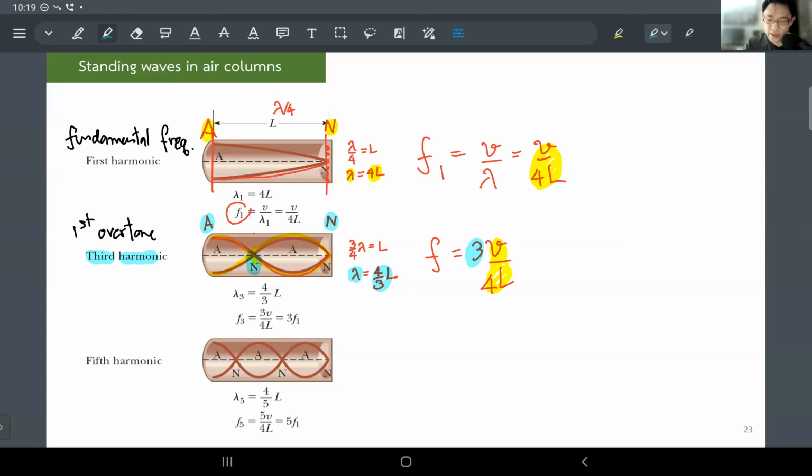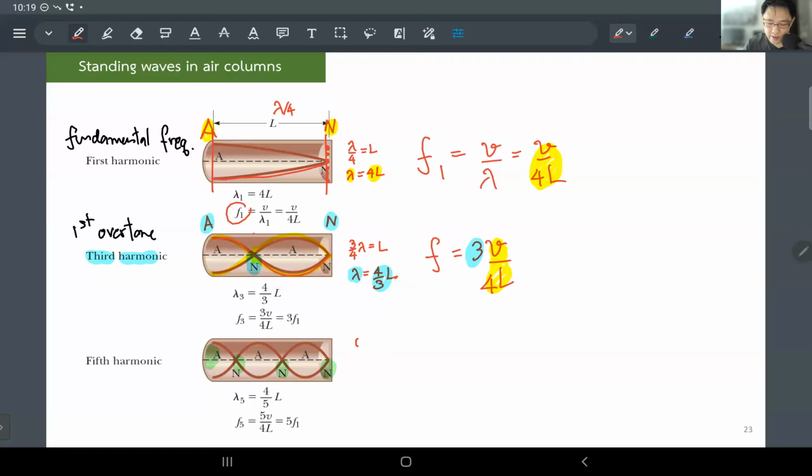All right, and then you can guess what should happen next. Next one, once again, you start from the antinode, and you're going to end with the node, but now you put 2 twists into it. So you have 2 nodes in between. So over here, what you have is 5/4 of lambda.